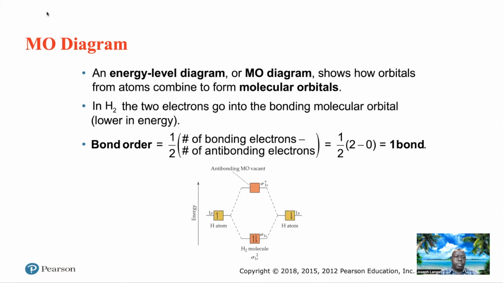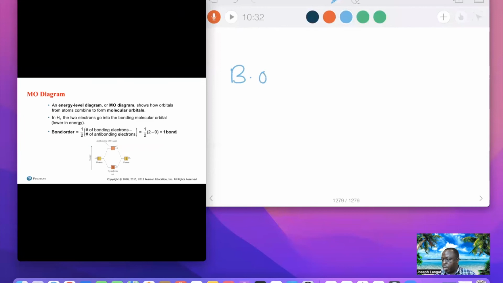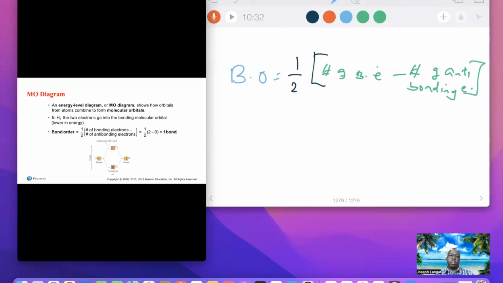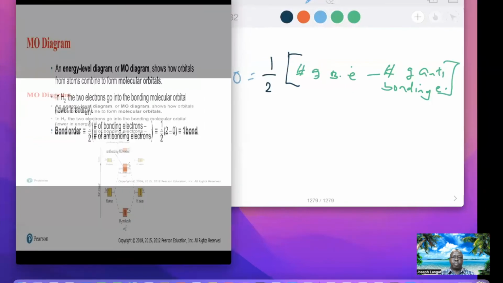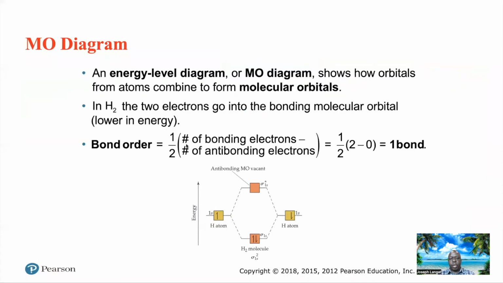Bond order equals 1/2 times the number of bonding electrons minus the number of antibonding electrons.